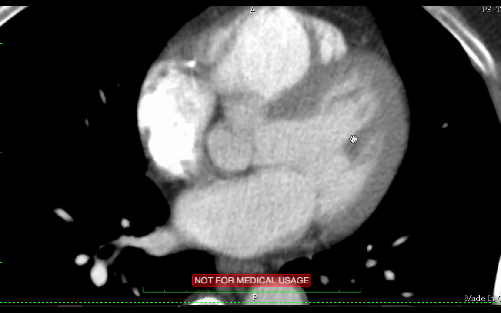Okay, so that's the complex of the heart, and so you should learn your way around it.